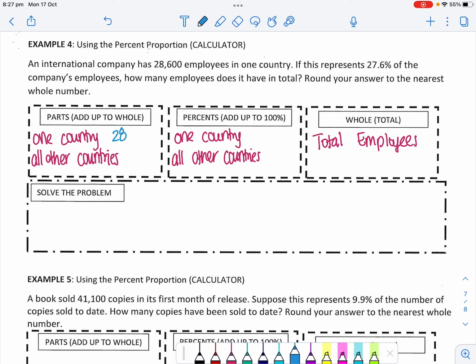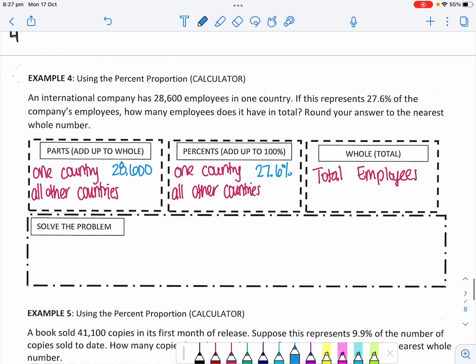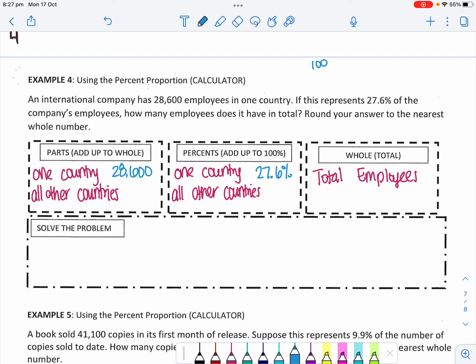So 28,600. If this represents 27.6%, and then I'm actually going to do 100 minus 27.6%. So I'll move this up a little bit. 100 minus 27.6.